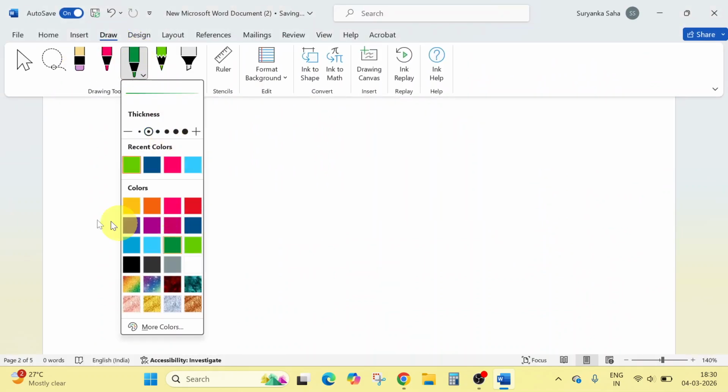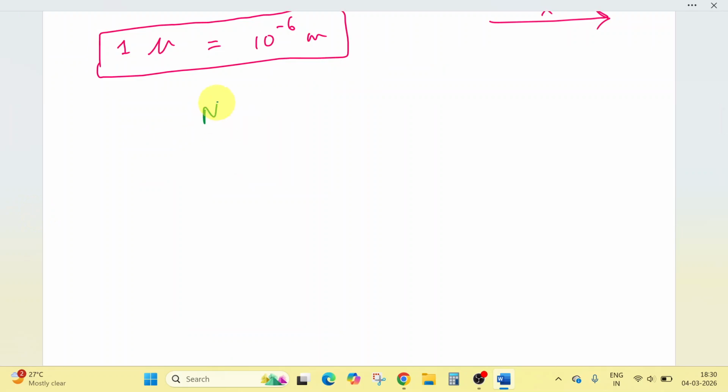Some of the non-metric systems. Non-metric means it does not deal with meter.